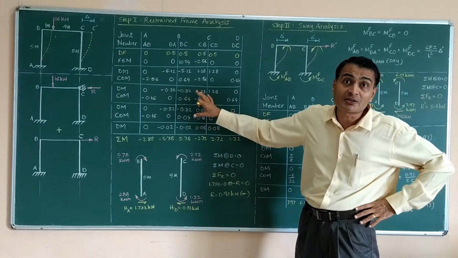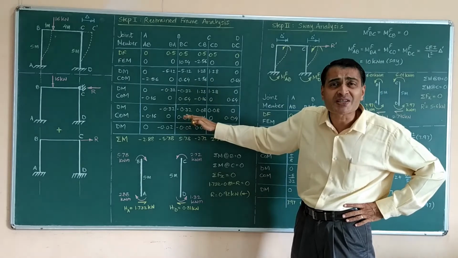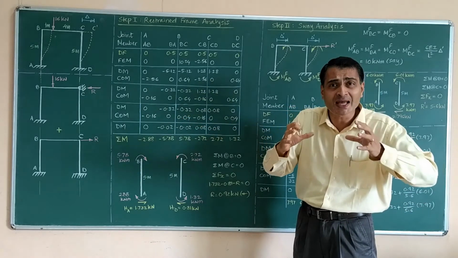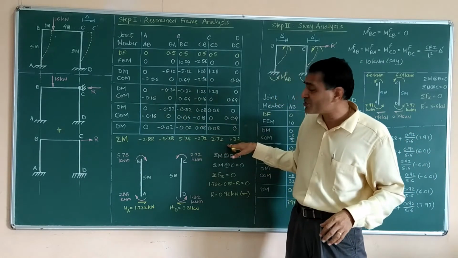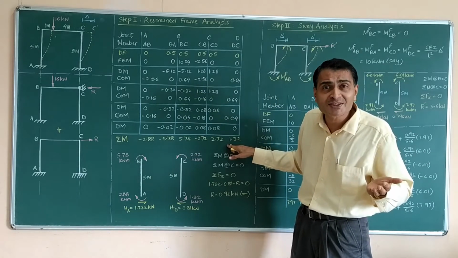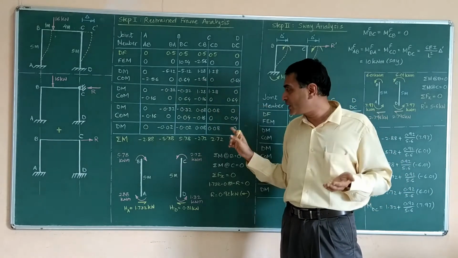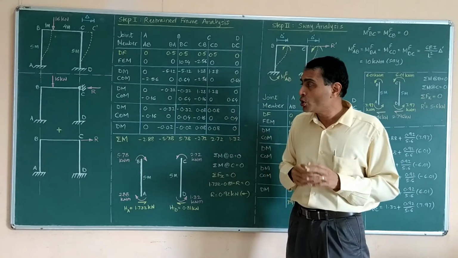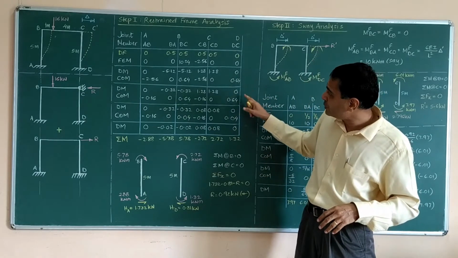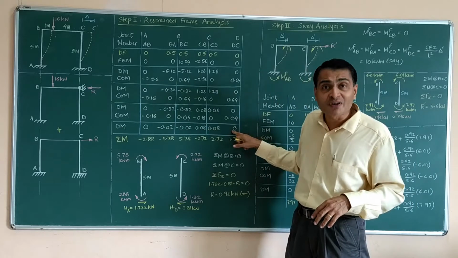If you are confident that yes, you can get these answers on your own, leave a couple of lines blank and just copy these answers. Later on also, after my lecture is over, you can see whether you are getting close answers or not. So cycle 1, cycle 2, cycle 3, then I can again distribute the moments after the third cycle.